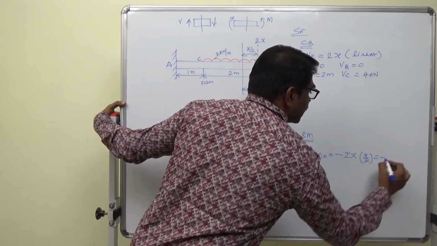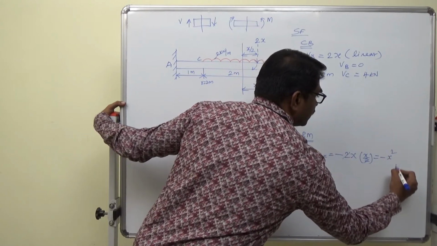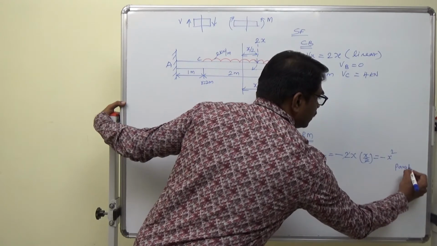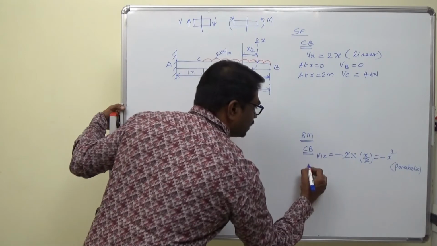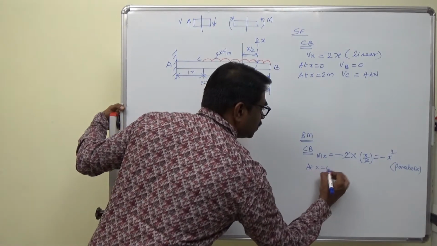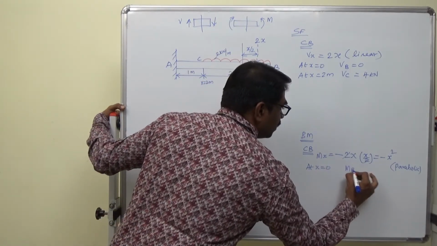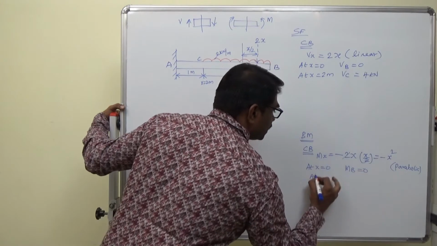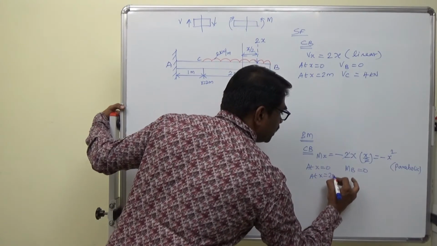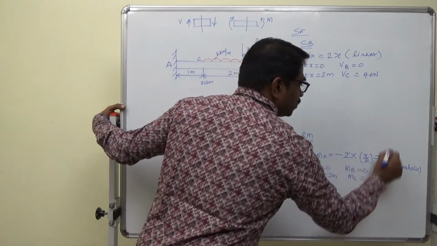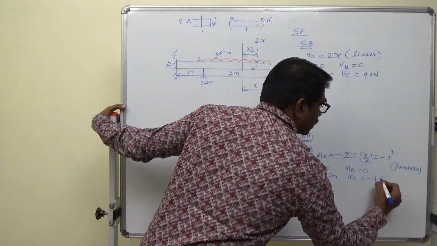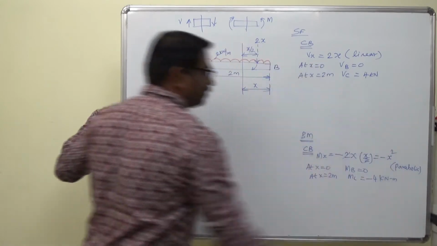This 2 gets cancelled, minus x square, it is a parabolic variation. So at x equal to 0, MB equal to 0, at x equal to 2 meters, I am at C, minus 2 square, minus 4 kilonewton meter.